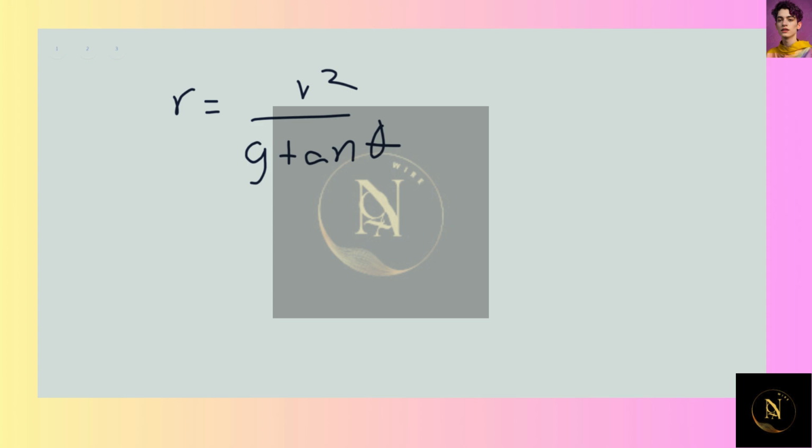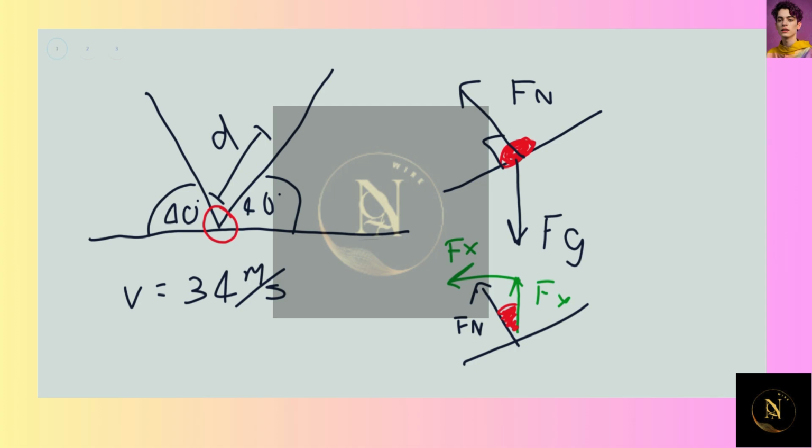All right, the other thing to consider is that we are not actually solving for r in this case, right? The problem asks us specifically for d, which is this portion parallel to the slope of the curve. R would be, I'll draw it in green, this line down here.